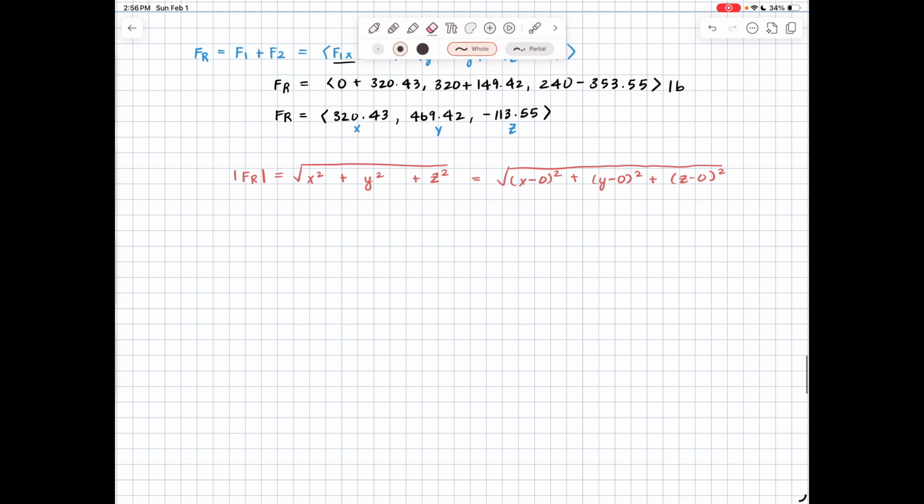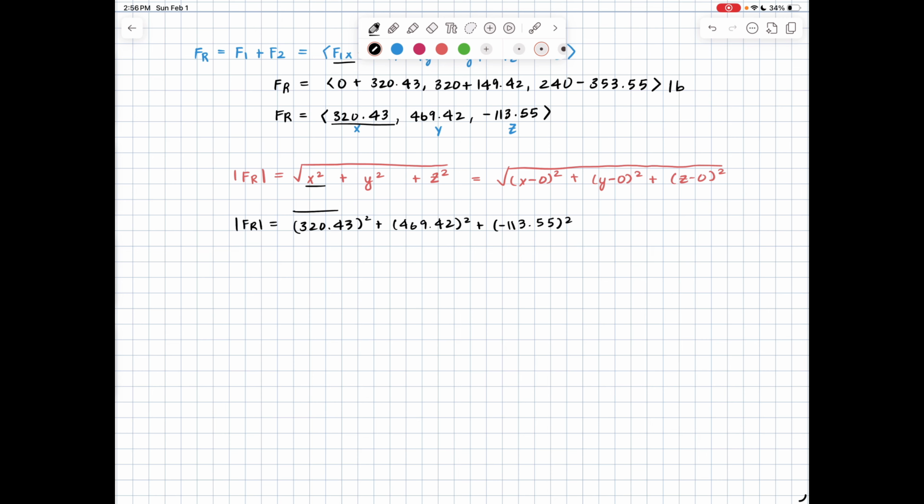Okay, so going from there, I know that the magnitude of FR equals my x value, which is 320.43 squared plus 469.42 squared plus negative 113.55 squared.